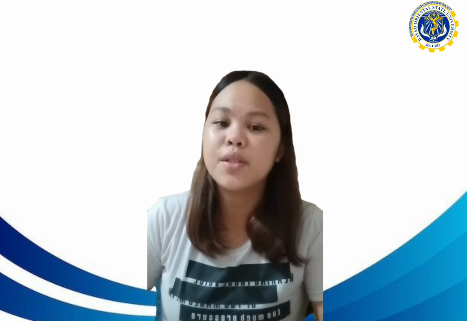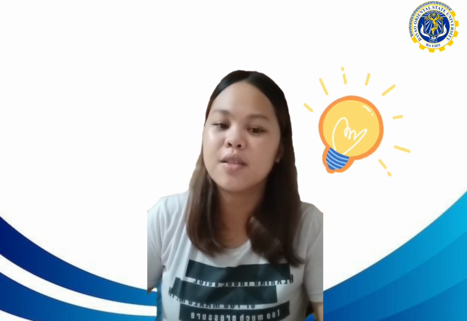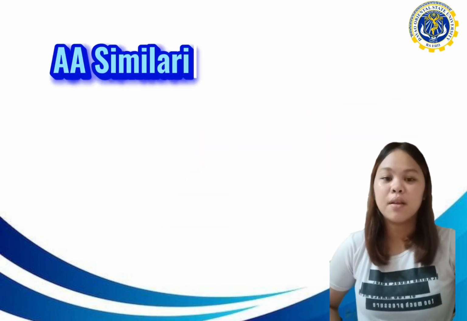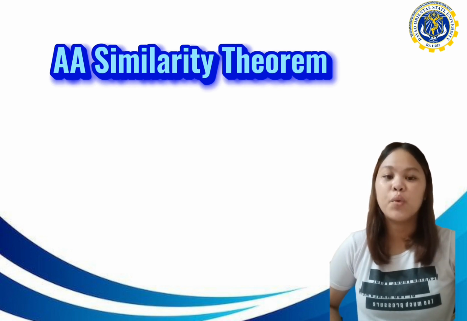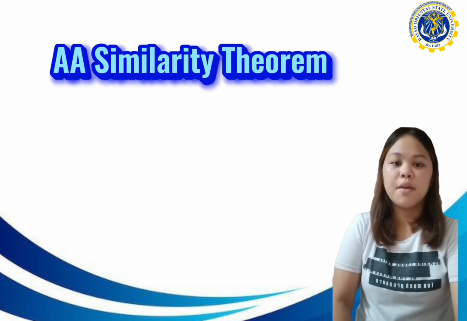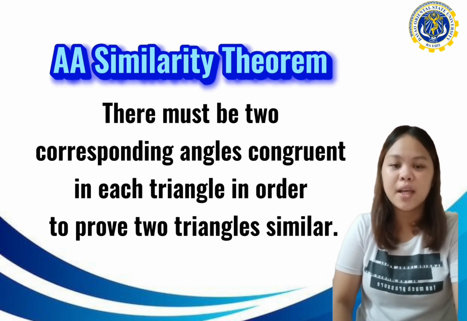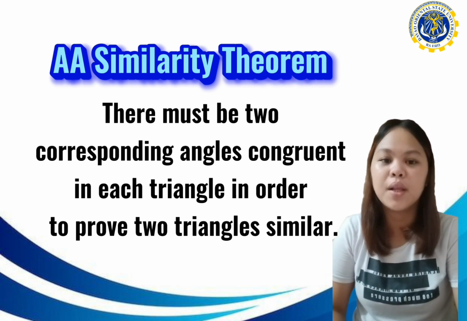To introduce those triangle similarity theorems, let's start with this. First one is the AA similarity theorem or the angle-angle similarity theorem, which means that there must be two corresponding angles congruent in each triangle in order to prove two triangles similar.